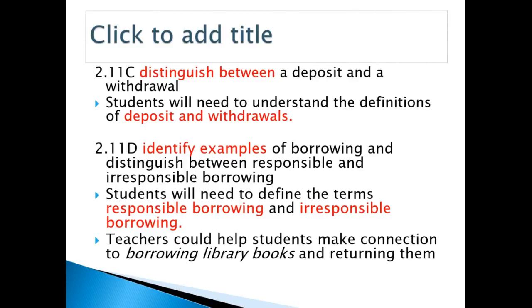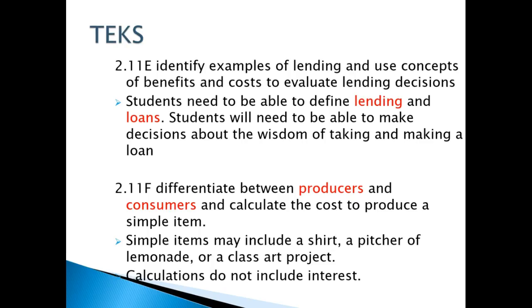You might want to make a connection with these terms using how they borrow books from the library. What would responsible borrowing be? And what would irresponsible borrowing be? Then 2.11e, the kids have to give examples of lending and use examples of benefits and costs to evaluate lending decisions.